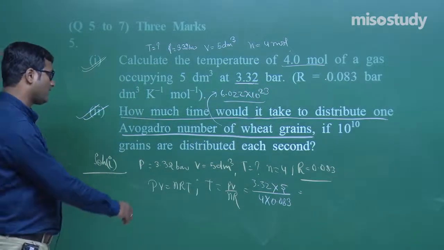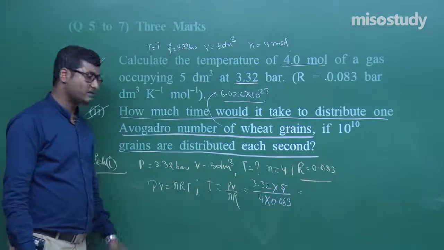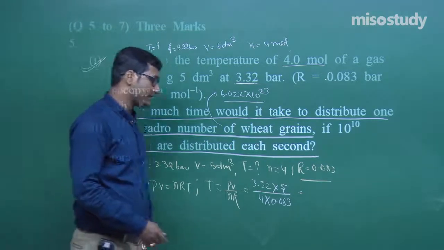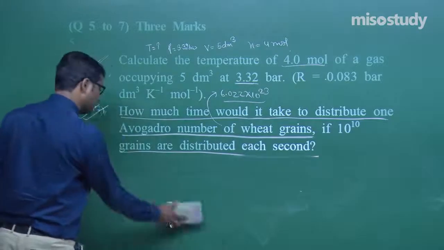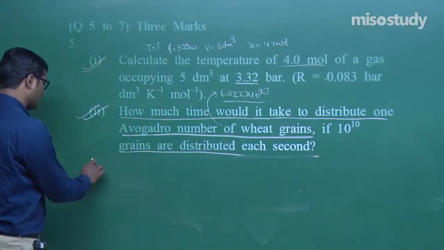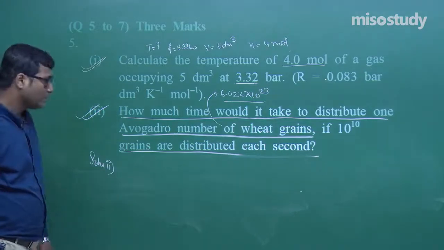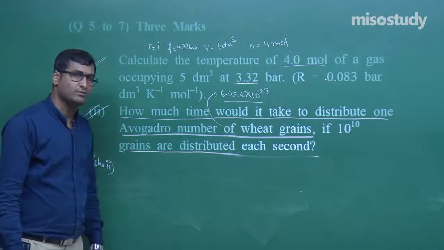If 10 to the power 10 grains are distributed each second. So what would be the answer of this question? How to solve this question, my friend? Solution number 2. Clear? Avogadro number of wheat grains, if 10 to the power 10 grains are distributed each second.